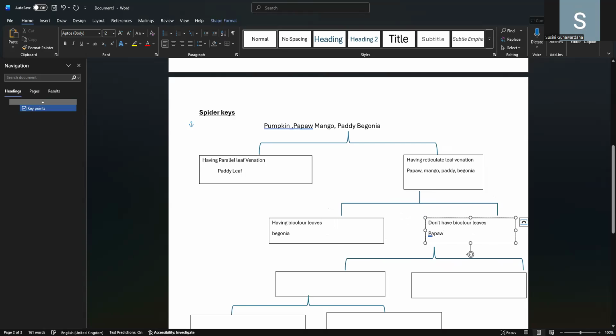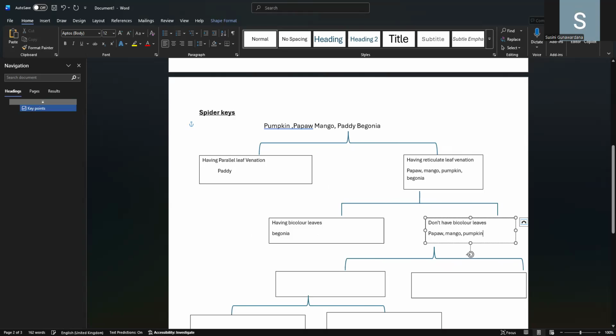Oh, you can't write paddy here. Sorry, right here you have to write pumpkin. Paddy you already have right here. So here you have to write pumpkin.